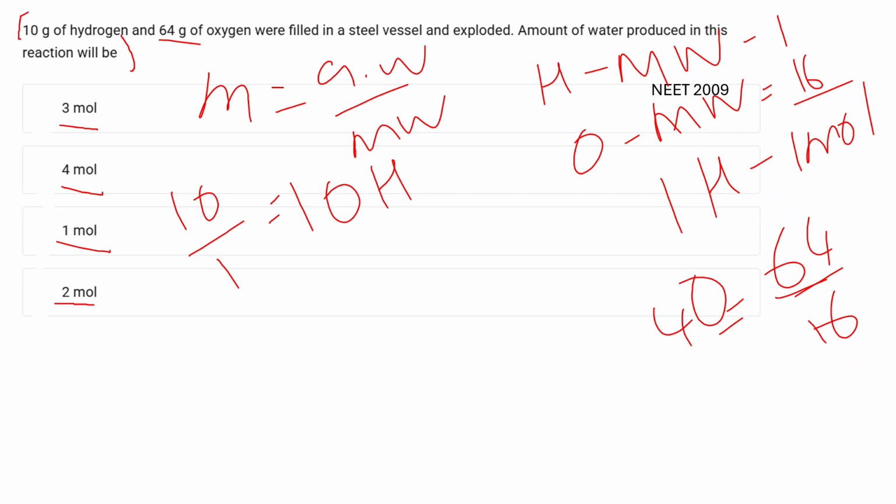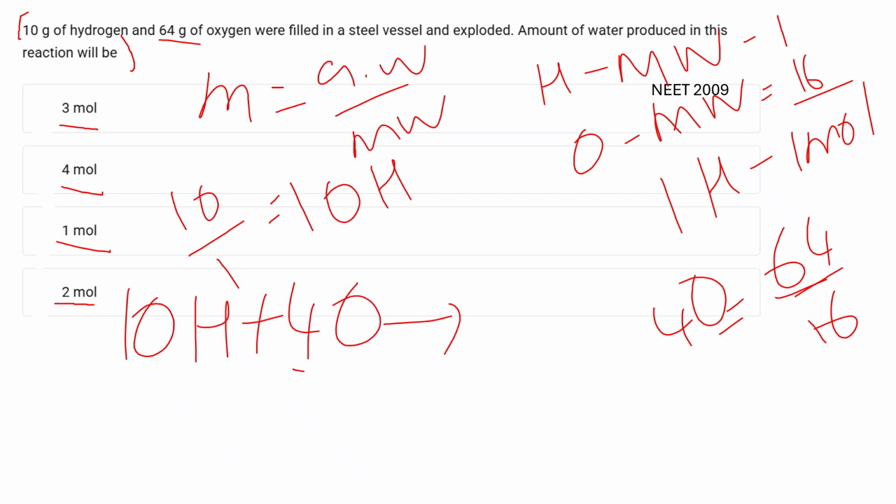So if we write the equation, 10 hydrogen reacts with 4 oxygen to form how many water molecules? Hydrogen and oxygen are gases. So we write 5H2, since H2 is a gas and hydrogen is an element.